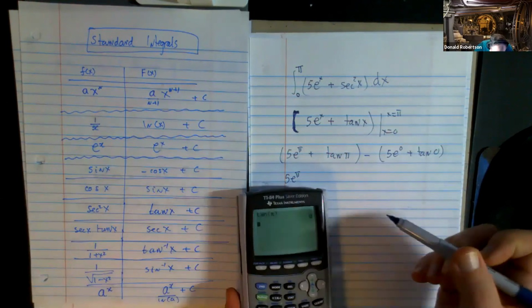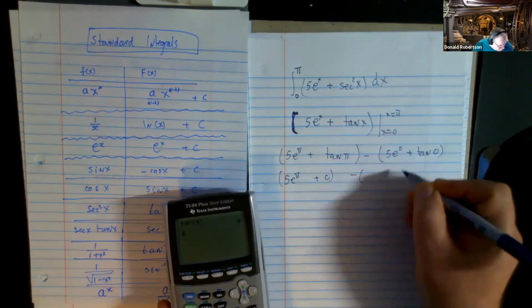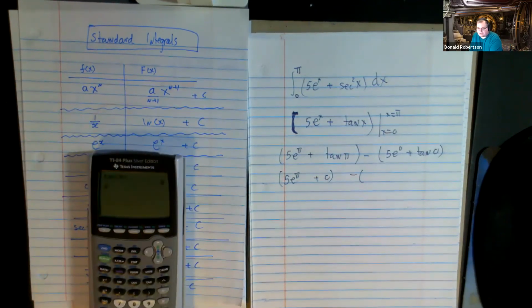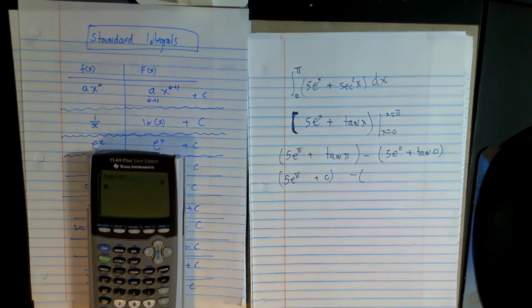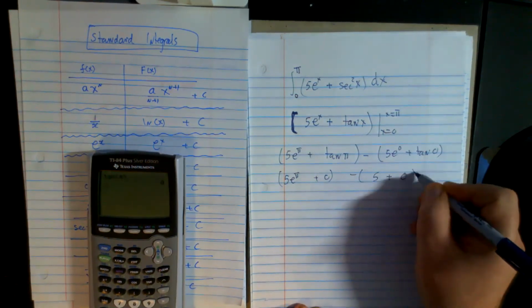Should have shown you that before I typed it in. Take away 5e to the 0 is not what I'm going to write. What is 5e to the 0? 5. Just 5. Can you trust me that the tan of 0 is 0, but I could have done it in my calculator.